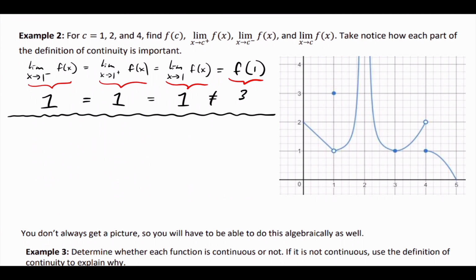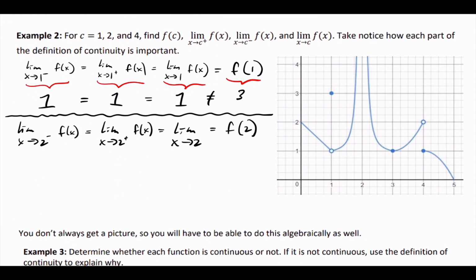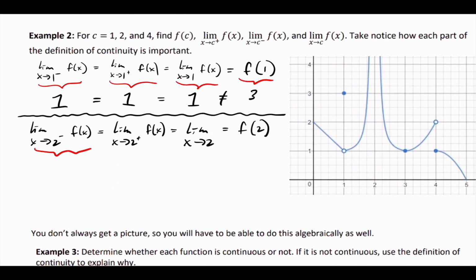Okay, so let's do this again, now for 2. The limit as x approaches 2 from the left, the limit as x approaches 2 from the right, the overall limit, and then f of 2. Remember, there's an asymptote at x equals 2.